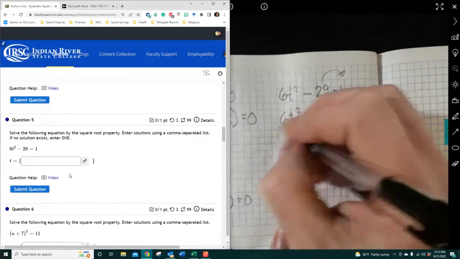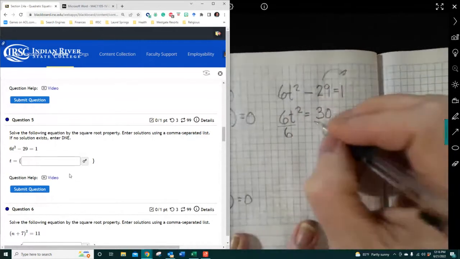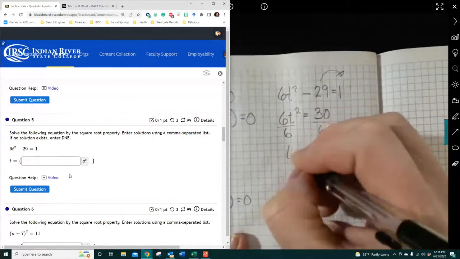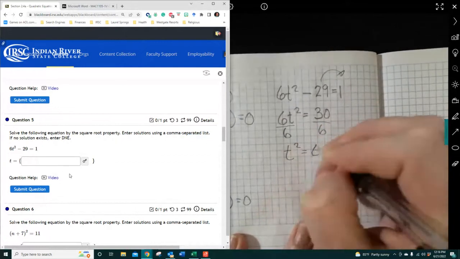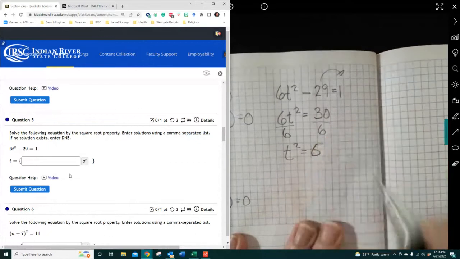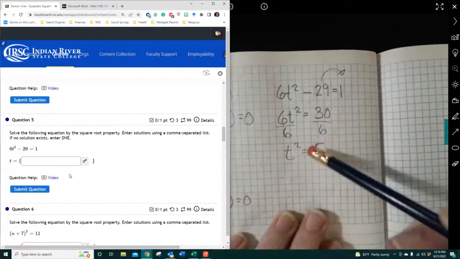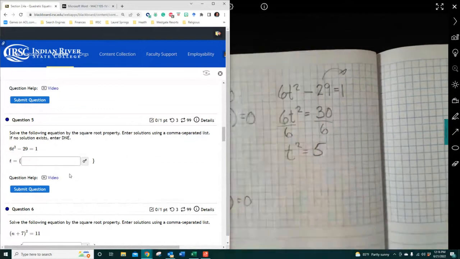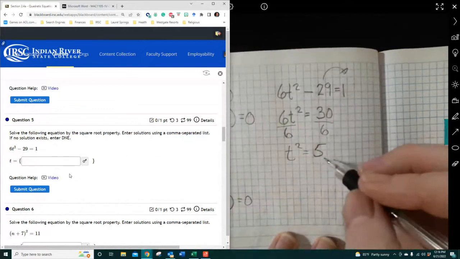And then we're going to divide both sides by 6. All right, that's 5, not 6. I was beginning to write 6, by the way, because I was writing the denominator again. Anyway, so 30 divided by 6 is 5.